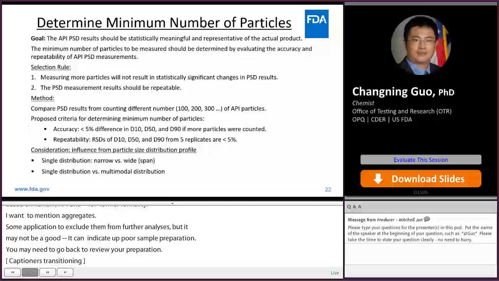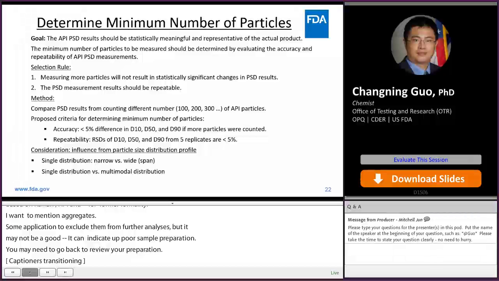The criteria for evaluating repeatability is to check the relative standard deviation, RSD, of the D10, D50, and D90 from 5 replicates should be less than 5%.